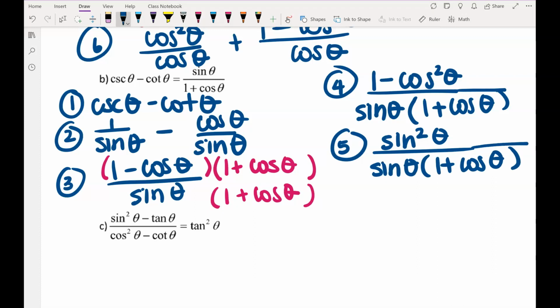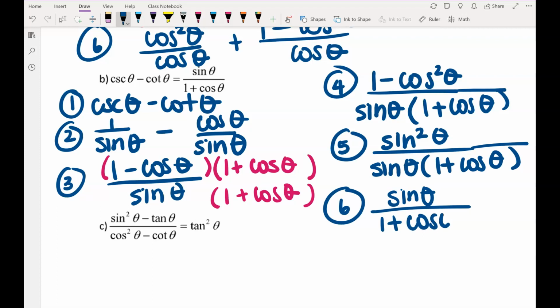What now? Yeah, reduce. And then are we there after we reduce? Yep. So now there's 1 sine on the top. The bottom sine disappears. And then we still have 1 plus cosine theta. So now, guys, when you are done, put your initial on it. So that way I know you are done.